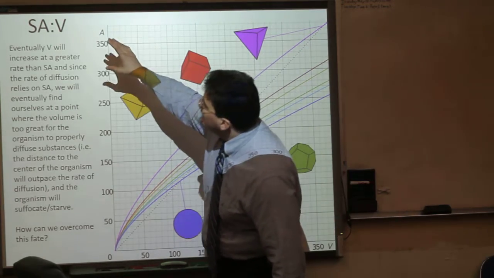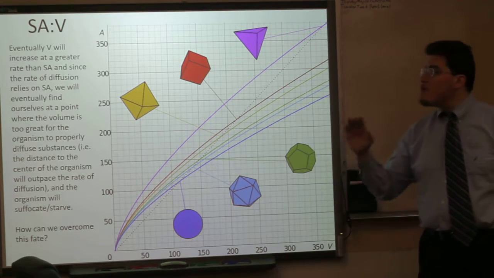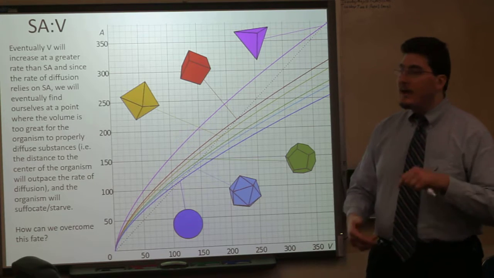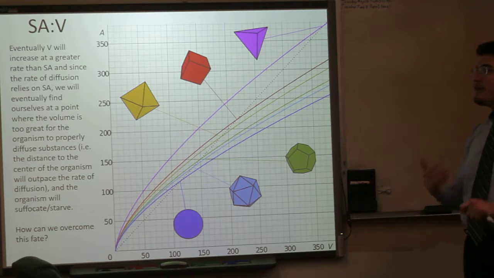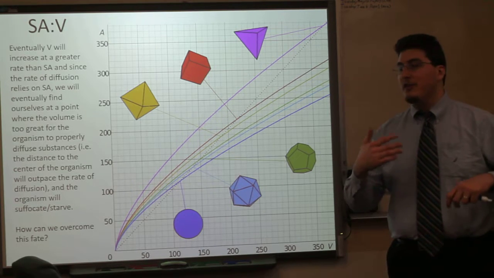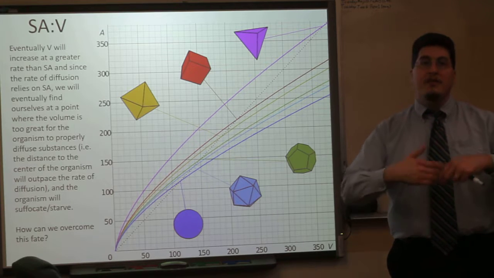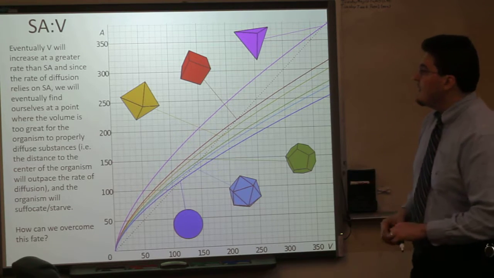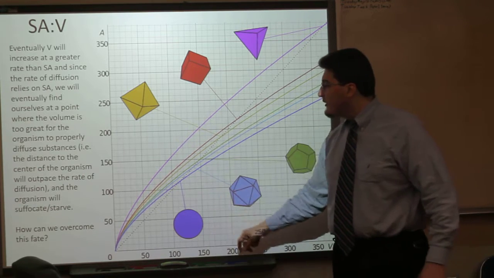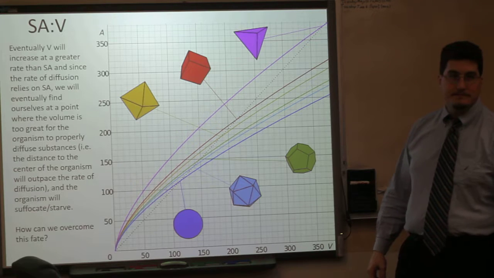So eventually our volume is going to increase at a greater rate than the surface area. Since the rate of diffusion relies on surface area, we're going to find ourselves at a point where our cells are going to choke to death. I mean, they're not going to be able to diffuse properly to support their total volume. So remember, of course, that our cells are roughly spherical. They have the worst surface area to volume ratio problem.